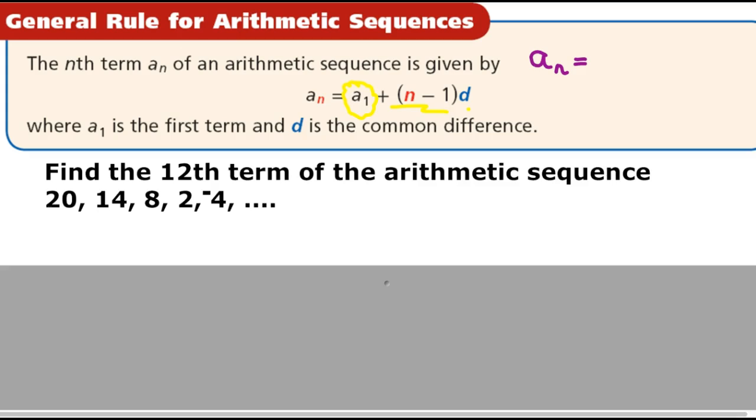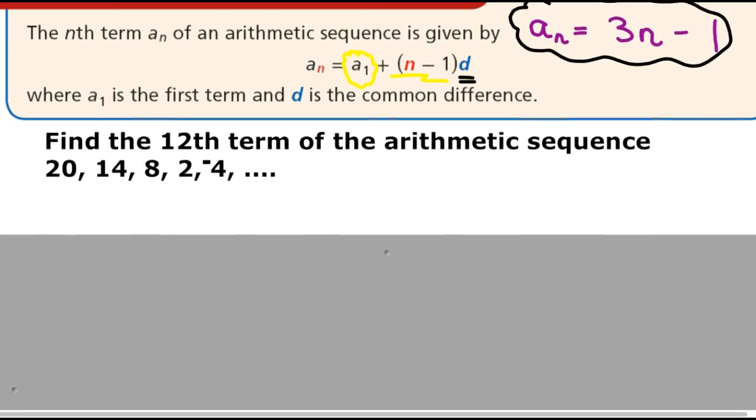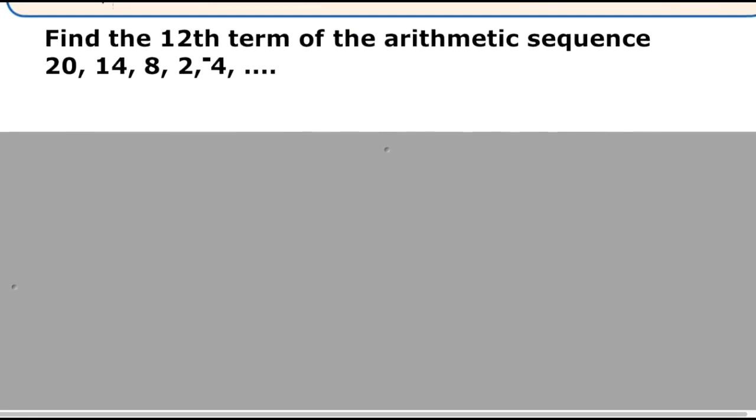But we had an a sub n where we had something like, I'll just make one up, 3n minus 1 or something, right? That would have been something like yesterday. So the difference between what we're doing today and what we did yesterday is that now we have this d common difference value. So we're essentially doing the same thing, but it's a little bit different.